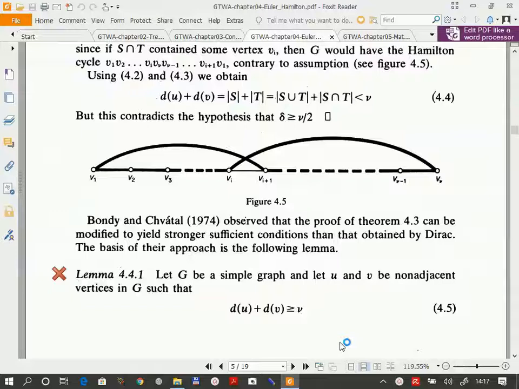A similar problem can be stated for vertices, and it's the problem of Hamilton cycles, Hamilton paths, which says, can you start from one vertex and come back to that vertex by touching all other vertices just once?